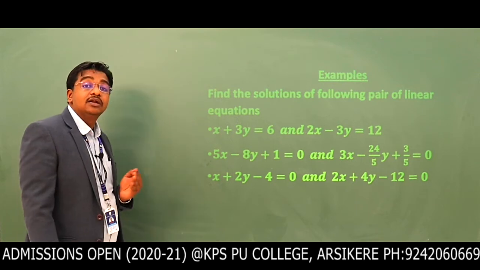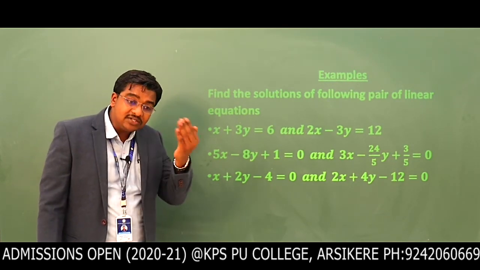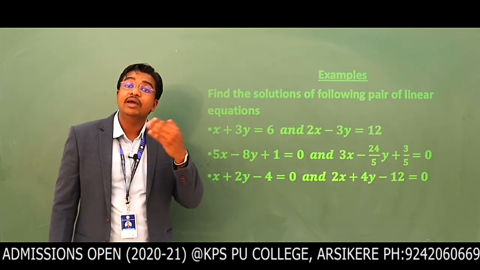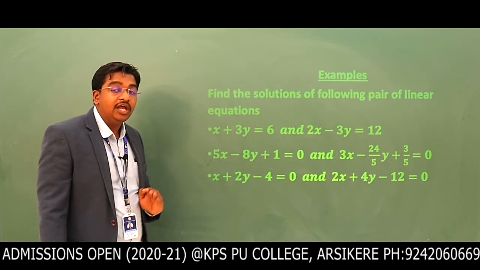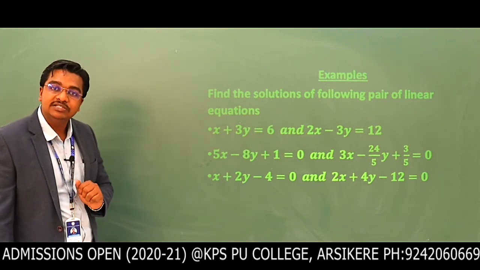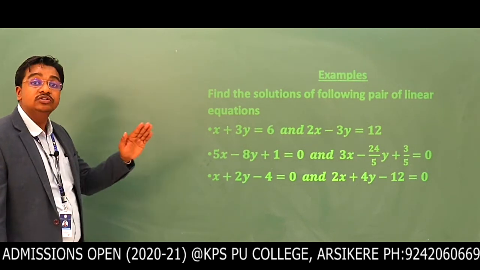When the lines are coincident, a1 by a2 is equal to b1 by b2 is equal to c1 by c2. In that case, the lines are coincident, hence infinitely many solutions. When a1 by a2 is equal to b1 by b2 but not equal to c1 by c2, in that case the lines are parallel, hence no solution.